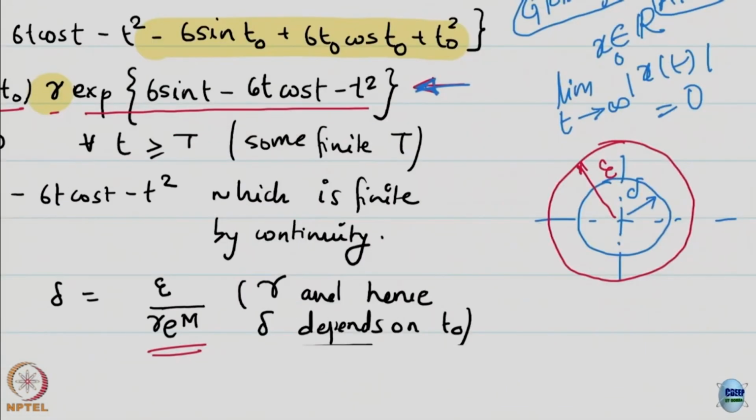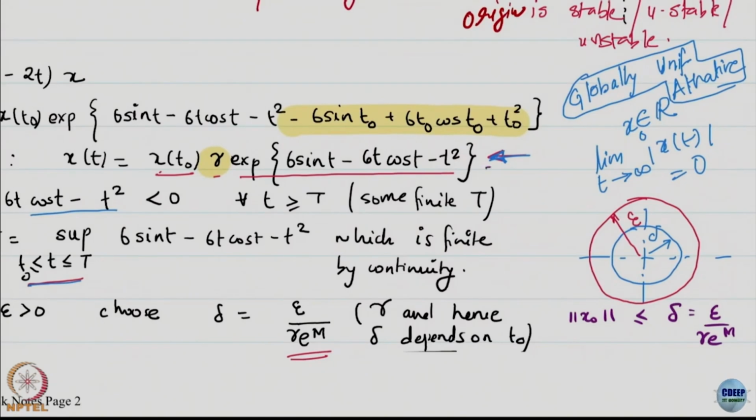So, if norm x0 is less than or equal to delta, which is epsilon over gamma e to the power m, then by this expression of the solution, I know that norm xt is less than or equal to norm x0 times gamma times e to the power m.